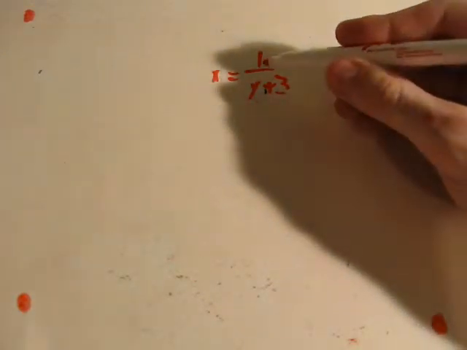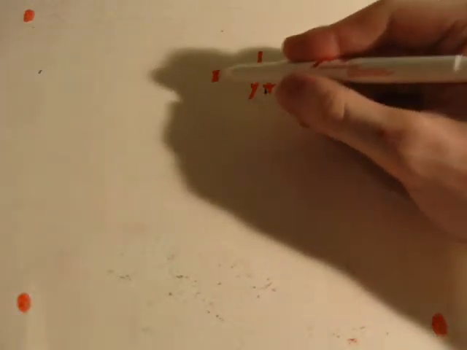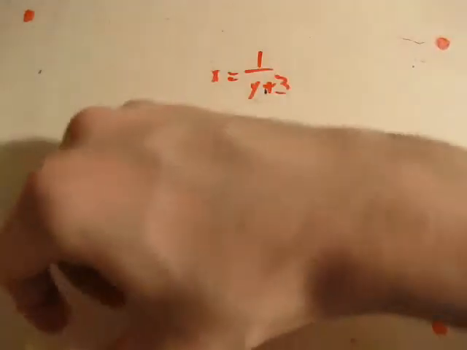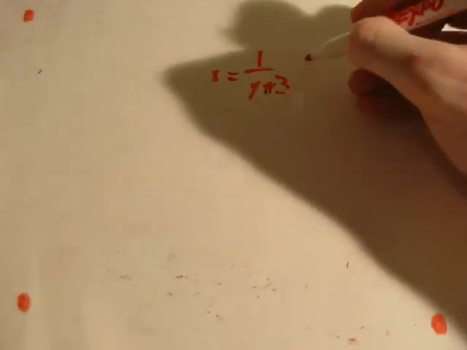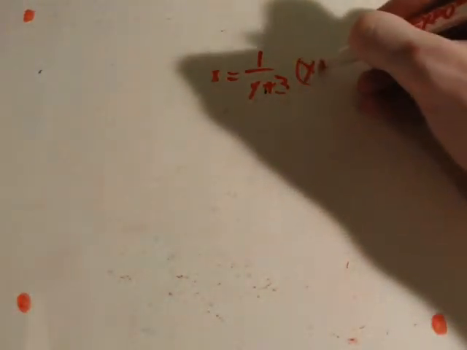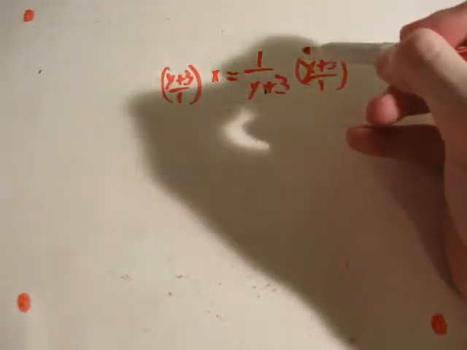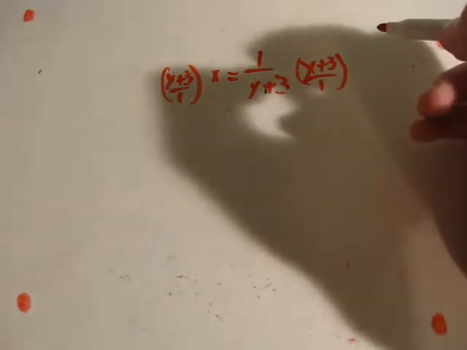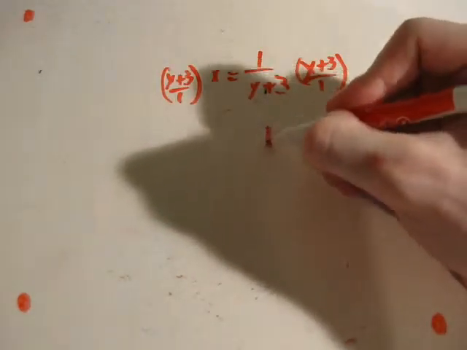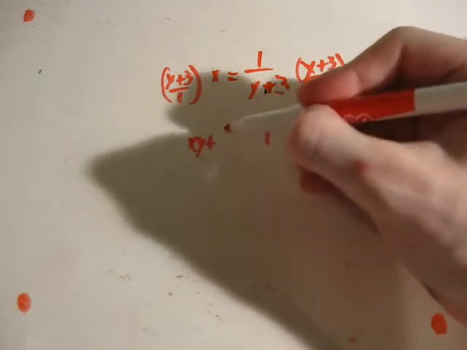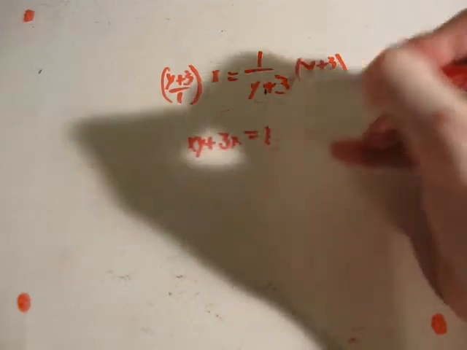So first we'll divide by 1. So, let's not divide by 1. Let's multiply by y plus 3. So y plus 3, okay, so this becomes 1, and this becomes xy plus 3x.